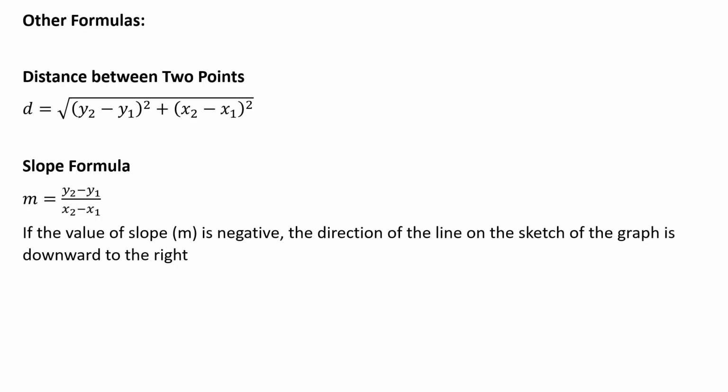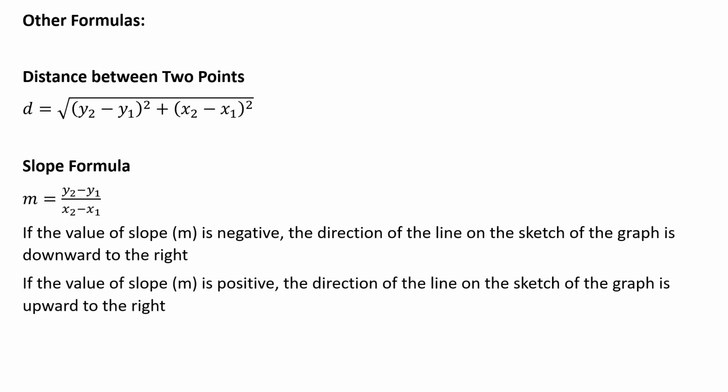If the value of the slope is negative, the direction of the line on the sketch of the graph is downward to the right. If the value of the slope is positive, the direction of the line is upward to the right.